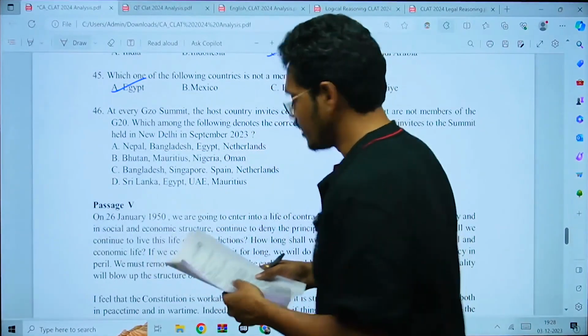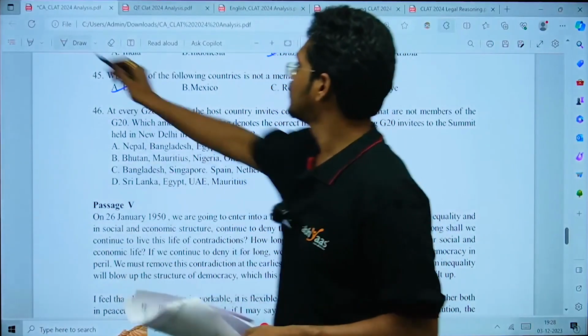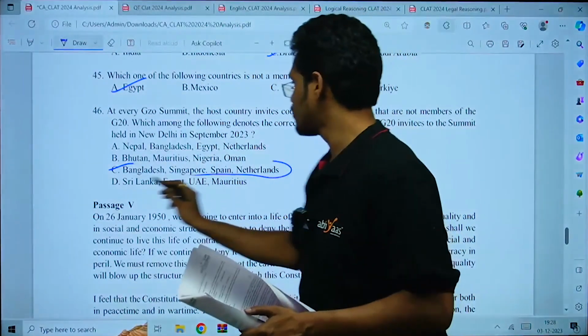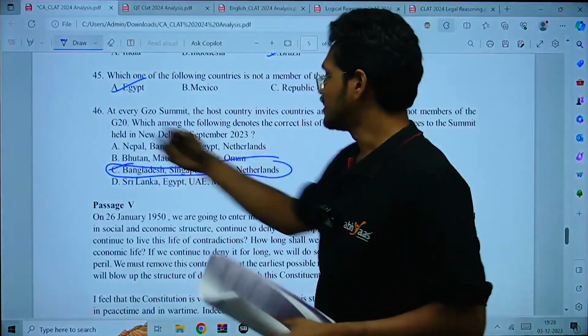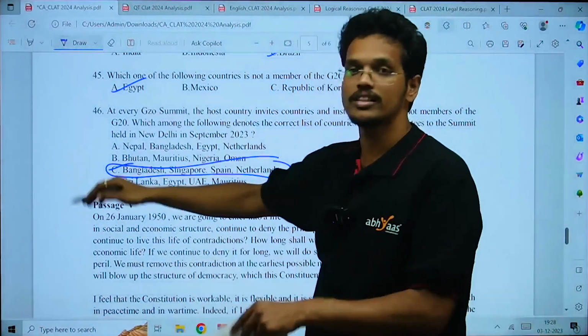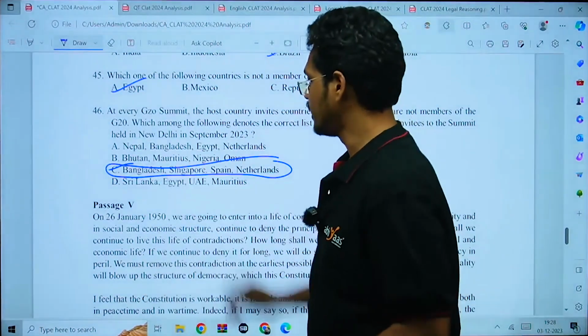The right option here for 46 is C: Bangladesh, Singapore, Spain, Netherlands. These are four countries which were invited. Some other countries were also invited, but in our options, all the countries must be right. So option C is the right option.